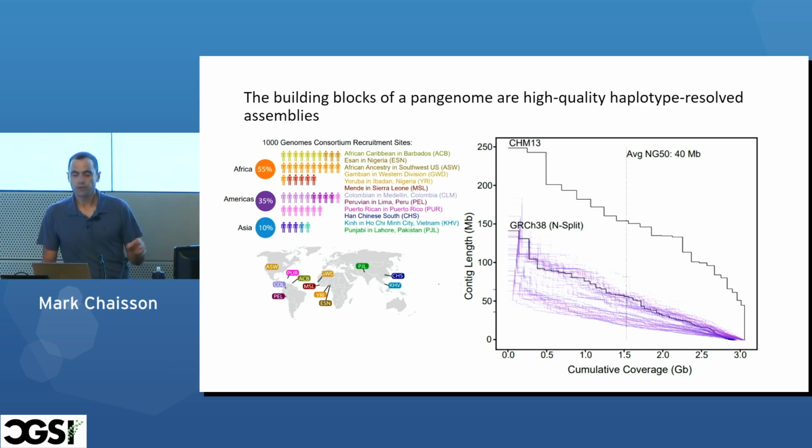The result of this was a set of genomes that were assembled. What this plot shows here is effectively the quality of the assemblies, where it's showing the total amount of the genome that's covered by total length. And the darker black line here reflects the GRCh38 contiguity.